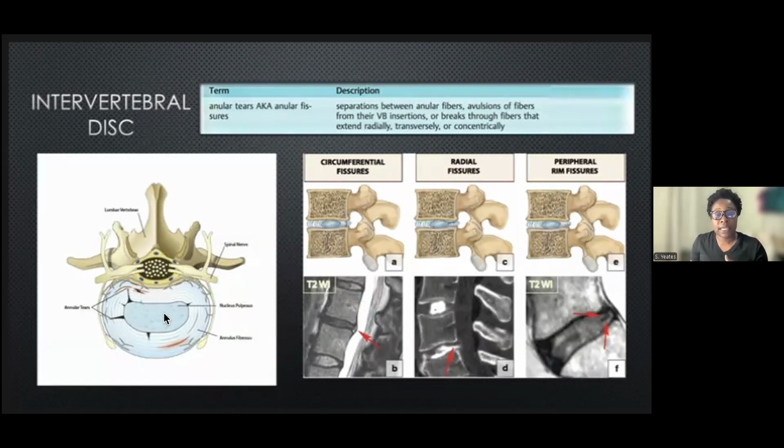The loss of this AF structural integrity may result in disc herniation, which I mentioned last week. And when you have this weakness, the disc loses the ability to maintain its anatomical alignment and position, progressing to instability and/or spondylolisthesis. All these structural changes, the tears and the fissures, are irreversible because adult discs have limited healing potential.